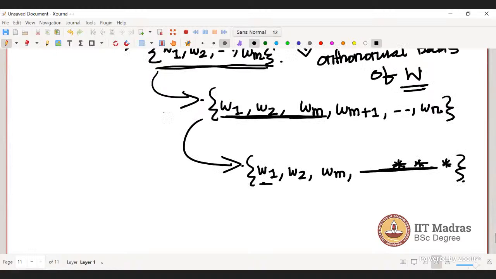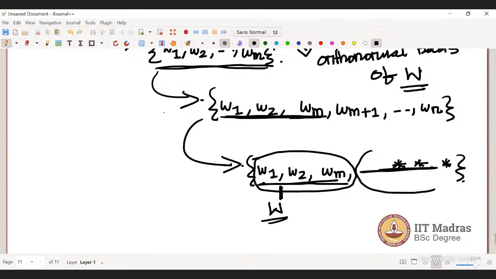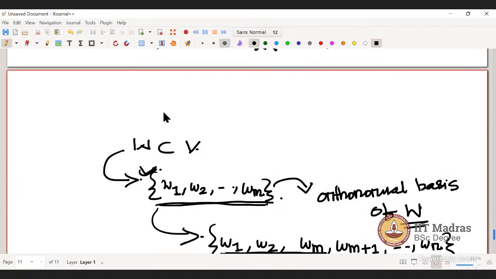Now this is linearly independent. Obviously this set is a basis, so it is linearly independent. This is a basis of W, and this is a basis of W perp.